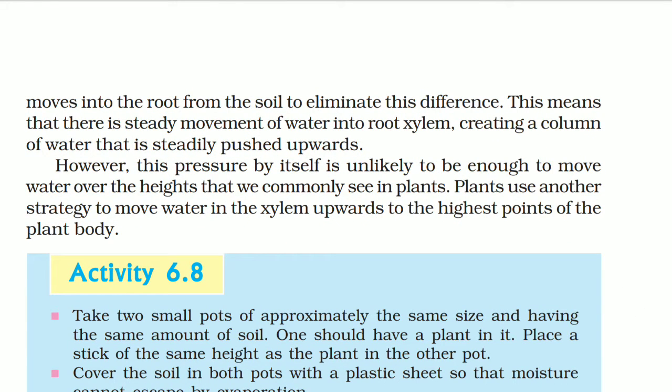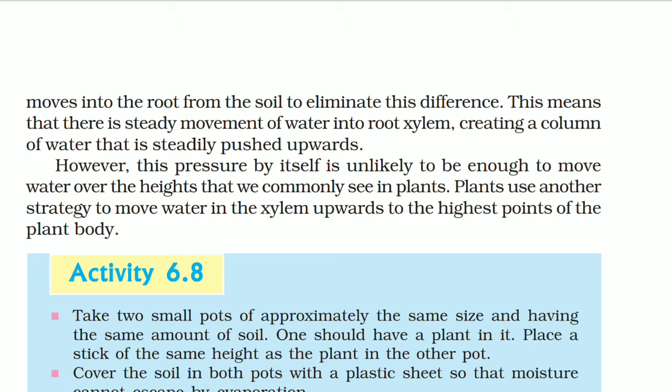This means that there is a steady movement of water into the root xylem, creating a column of water that is steadily pushed upward, right? It's kind of a system where the loss of water creates a suction for the roots to absorb more water and move it upward.